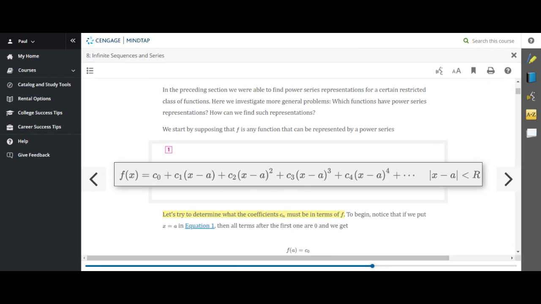And that the absolute value of x minus a is less than the radius r, that's a fancy way of saying over some interval of convergence. So let's suppose that a function can be rewritten as a power series of this form.